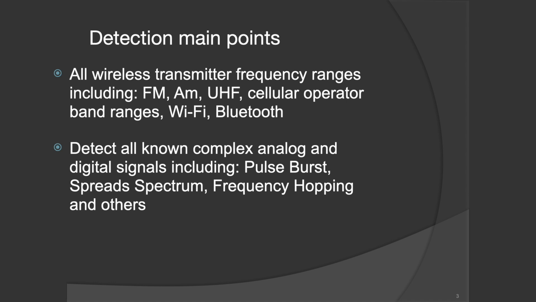Spread spectrum is just what it says. It's a signal that is spread into smaller signals in the spectrum. That's why it's spread spectrum. It's very hard to detect because in most cases it is hidden inside the internal noise of the equipment. And frequency hopping is exactly what it says.